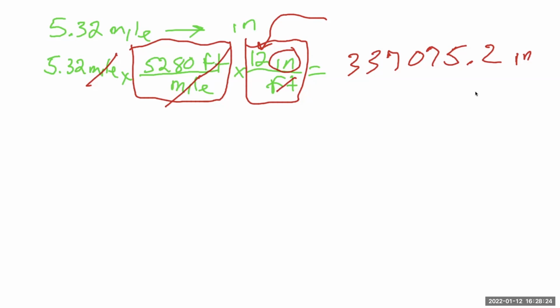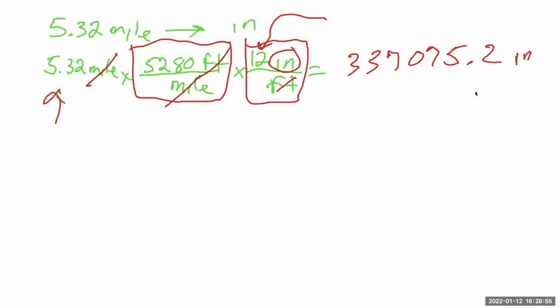This is our measured value, that many miles. Conversion values are a standard that are set. There's 5,280 feet exactly in a mile. There's 12 inches exactly in 1 foot. So our conversion numbers don't count towards significant figures, only our measured data. It's just like there's 12 eggs in a dozen. It's 12.000, as many zeros as you need. There's exactly 12. So all our conversion numbers are not significant figures.